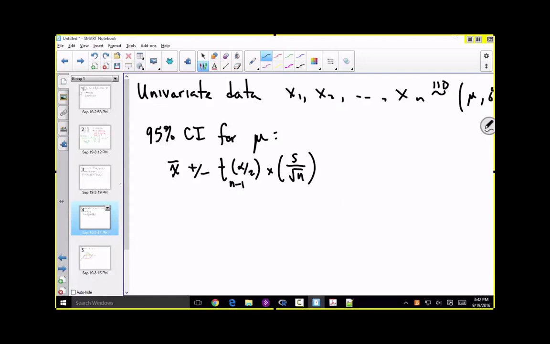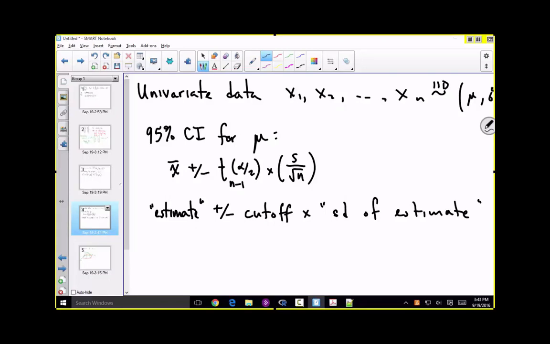That looks like: estimate the mean, then do plus or minus some cutoff times the SD of the estimate. That's a usual univariate style confidence interval.